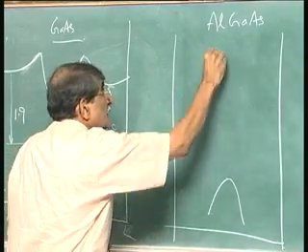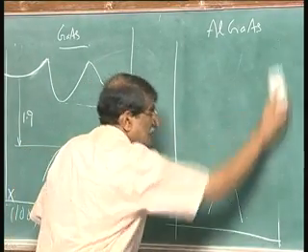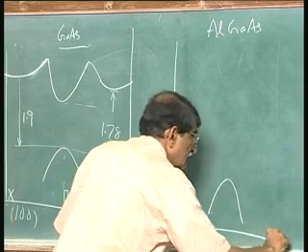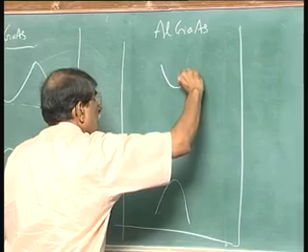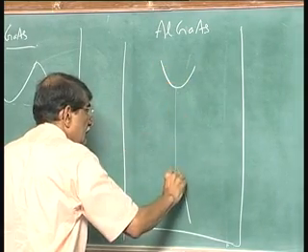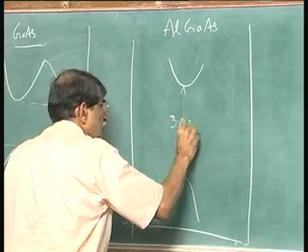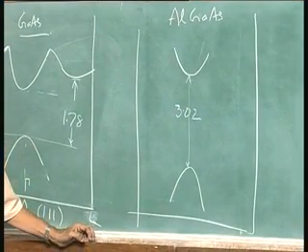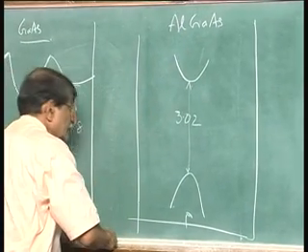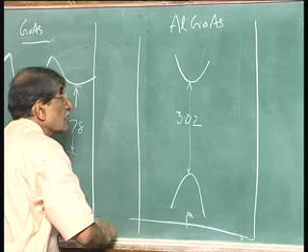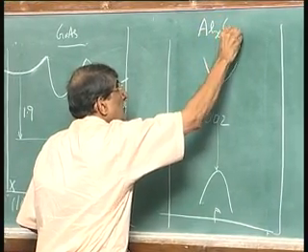So, you will have that one about 3.02 or so, slightly more than 3 electron volts. X. So, if I vary this mole fraction, this will vary from 1.43, from 1.43, it will keep on varying to that. That is the meaning of that line tau that we have drawn there.